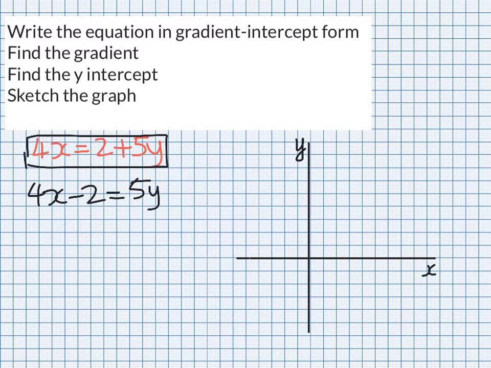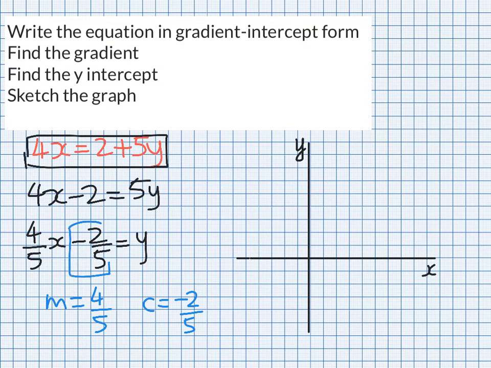Divide both sides through by 5, and we get 4/5 x minus 2/5 equals y. So the gradient m is equal to 4/5, and the intercept c is equal to -2/5. Right? Always remember the sign goes with the number.